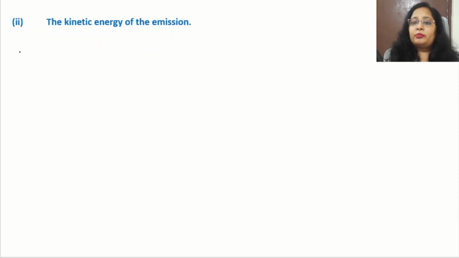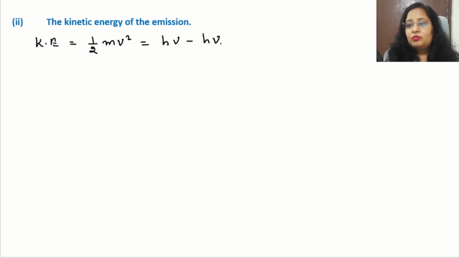Now come up to the second part, the kinetic energy of the emission. So the kinetic energy formula is 1 by 2 mv square, and along with this its formula is h mu minus h mu naught, where h mu is the energy of the photon and h mu naught is the work function. Work function is the energy which is required to bring the electron out from its atom.